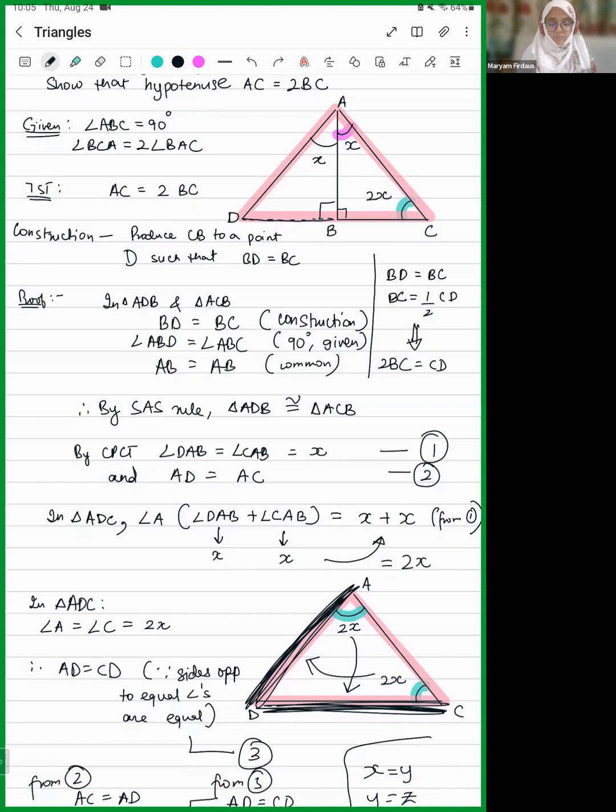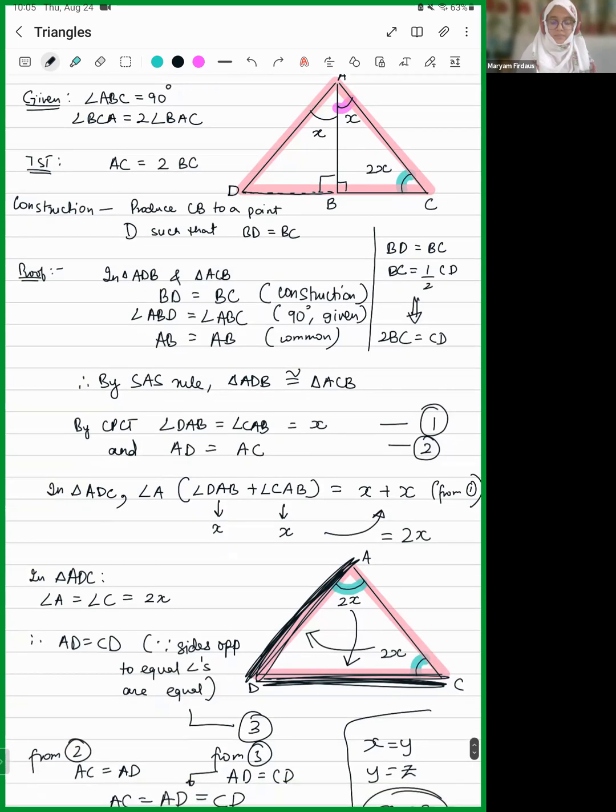So when we did the construction, BD is equal to BC, and in the question it is given that angle ABC is 90, so automatically the other angle will also be 90, so they both are equal, and AB is common. So by SAS rule, ABD is congruent to ABC. Very good.